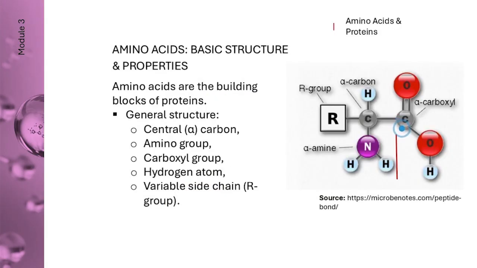In this slide we consider the nature and the basic structure of amino acids. The basic structure of amino acids is, first of all, a central carbon. An amino acid has the central or alpha carbon, and if you look at this example, we can see that this carbon is the alpha carbon.